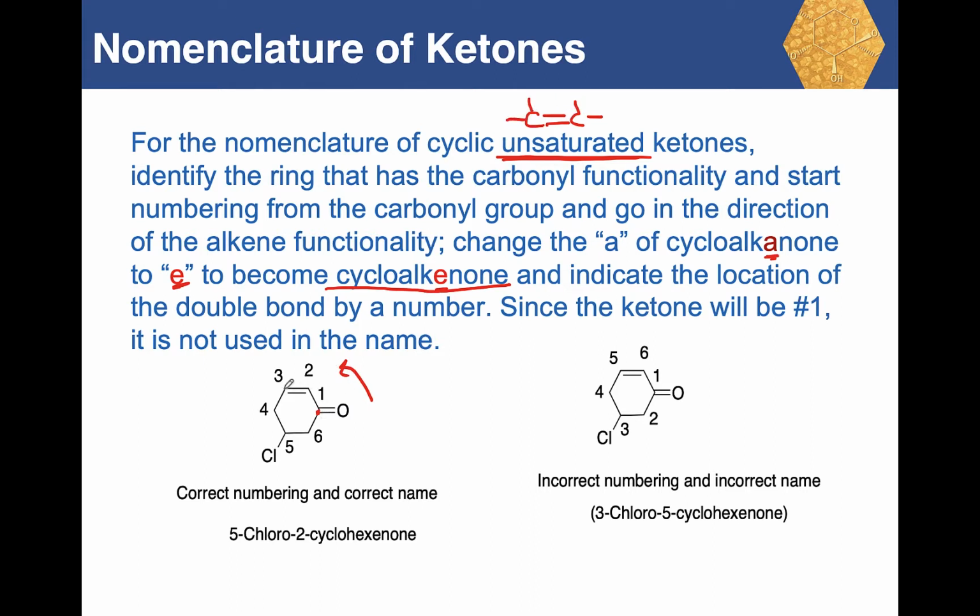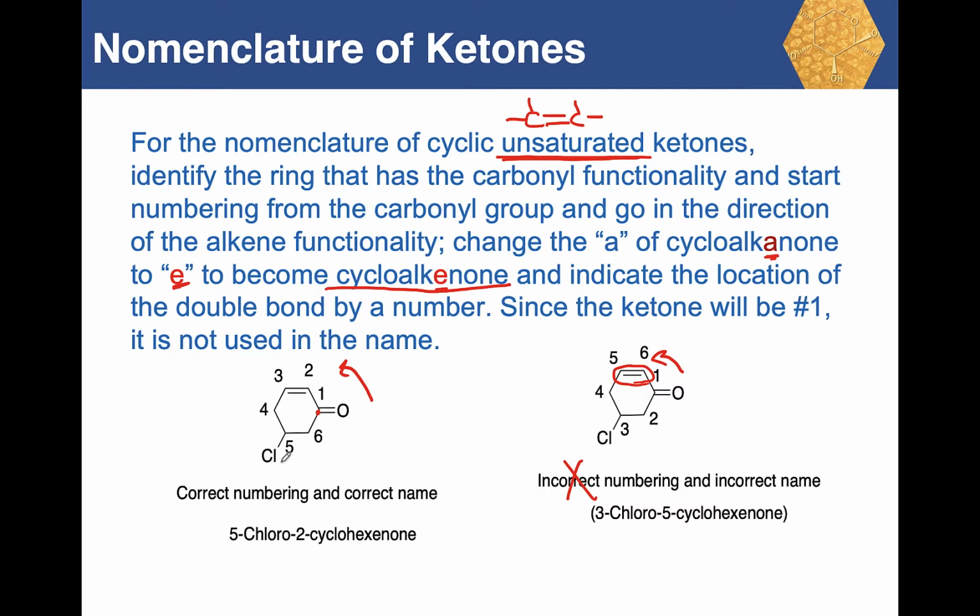So the numbering goes here. Once you have the numbering, it's just a matter of giving the name. So here we go. Correct numbering is this and not here. So this is incorrect because we're going away from the double bond. Here's the double bond right here. We have to go in the direction of the double bond and not away from it.